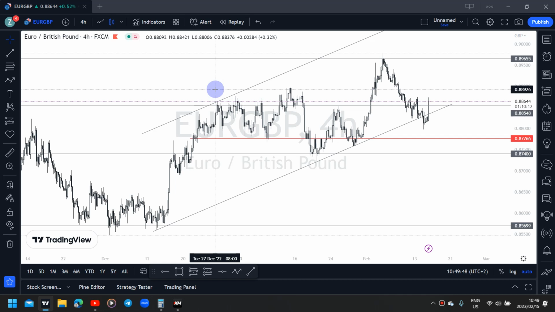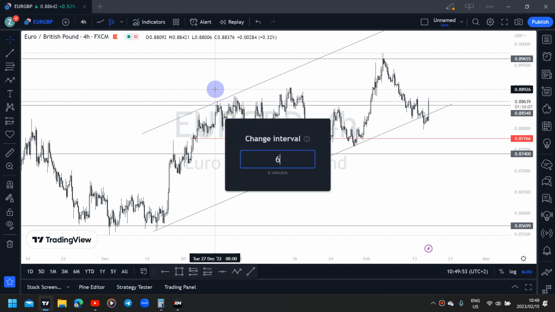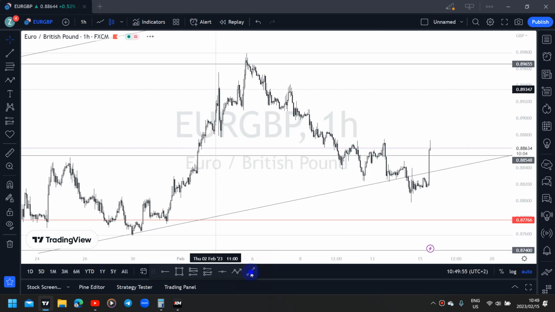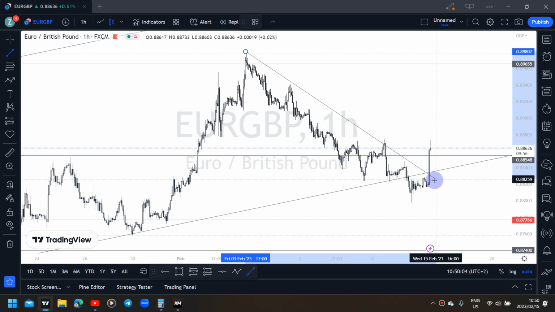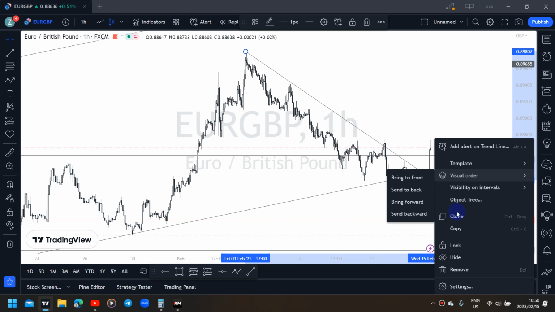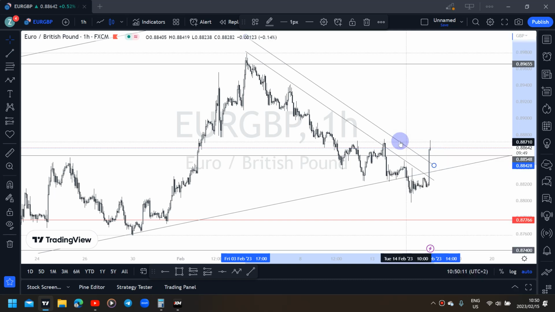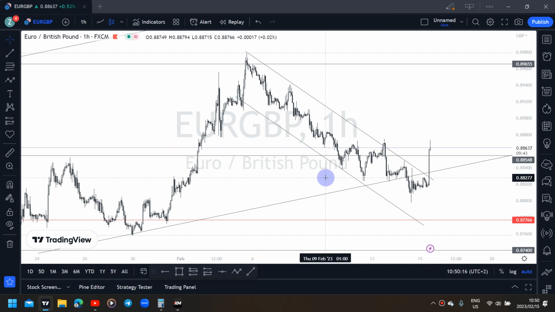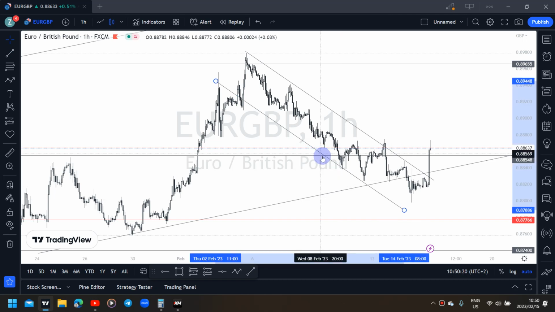So for me, I am seeing buys here, and if I move to the hourly time frame, I'm also seeing this trend that I'm seeing right there. And if I clone the trend line, this is the structure that I would get, which is a buy.